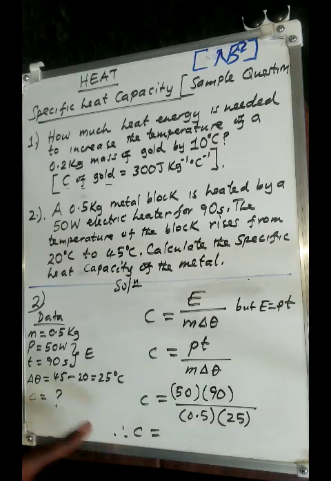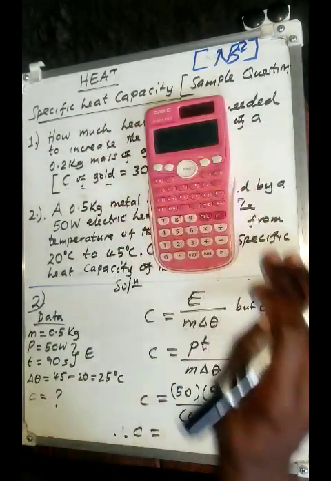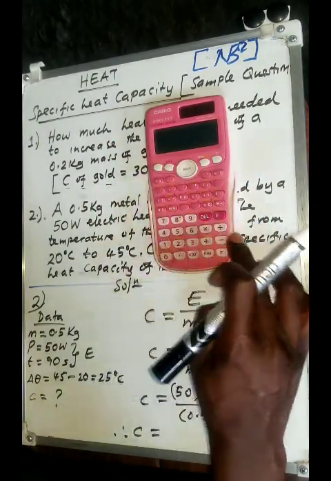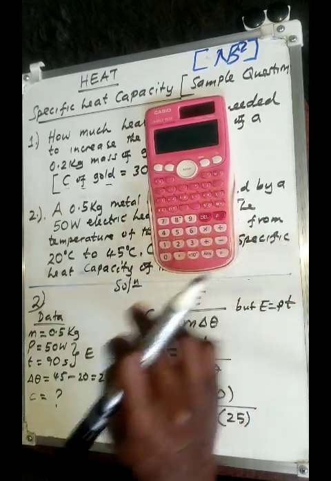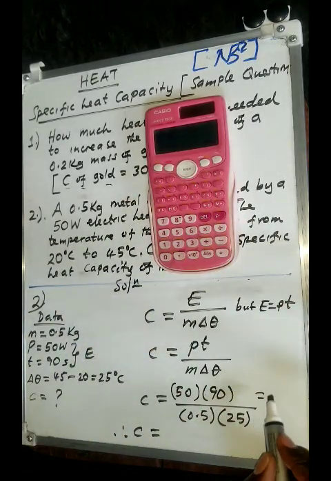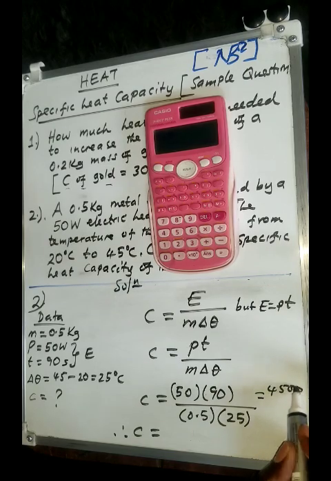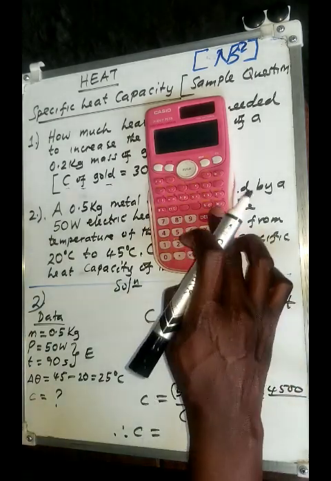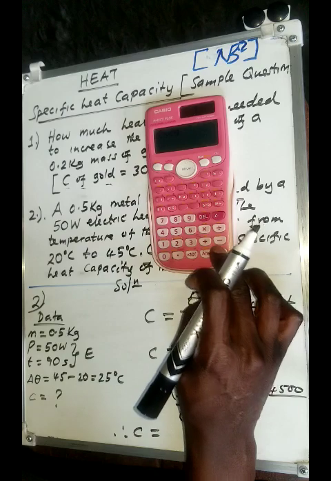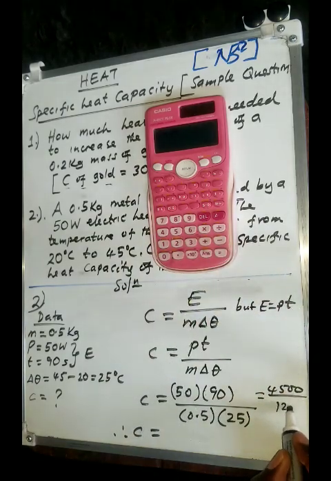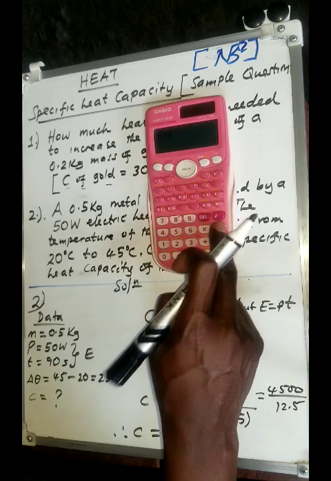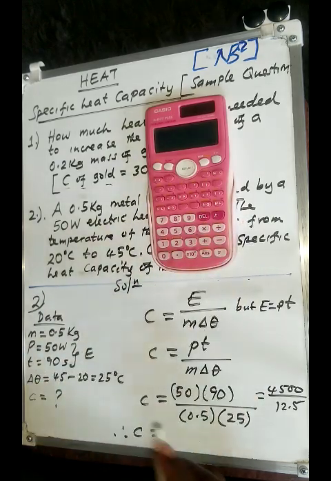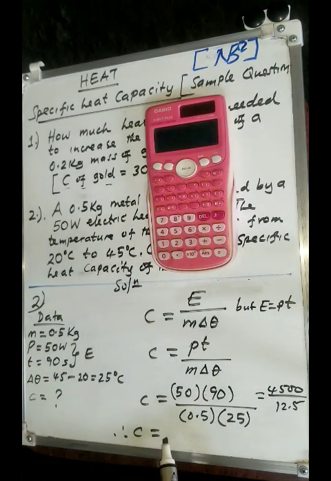If you were to punch all these on your calculator, 50 multiplied by 90 gives us 4,500, divided by 0.5 times 25, which gives me 12.5. If you divide 4,500 by 12.5, it is simply giving me 360.